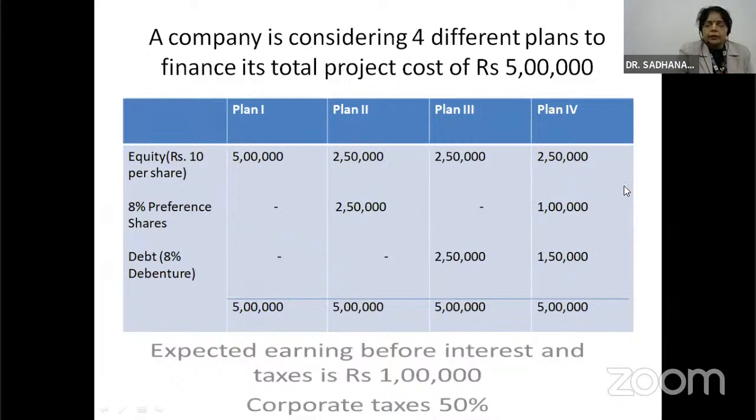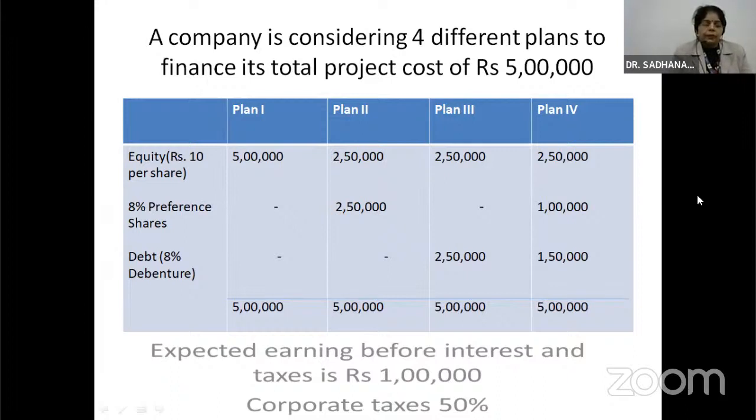I want to clear this with an example. Suppose a company is considering four different plans to finance its total project cost, which is rupees 5 lakh. The company has four plans, and the total requirement is 5 lakh rupees: plan 1, plan 2, plan 3 and plan 4.